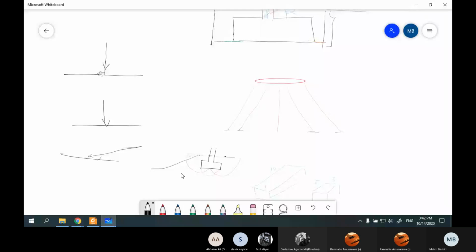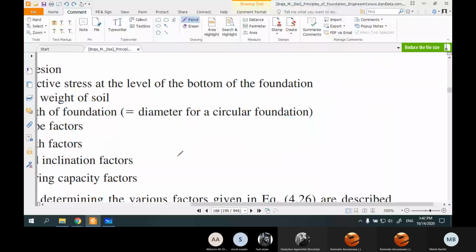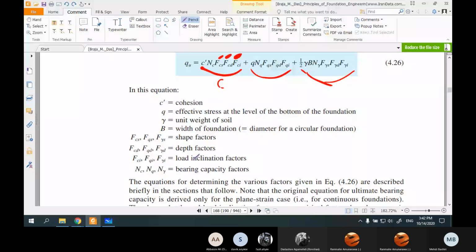So we can consider the effect of this inclination by using these factors. The first one, FCI, considers the effect of inclination on the C term. This one considers the effect of inclination on the Q term, and the last one considers the effect of inclination on the gamma term.